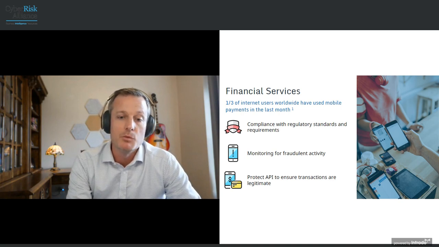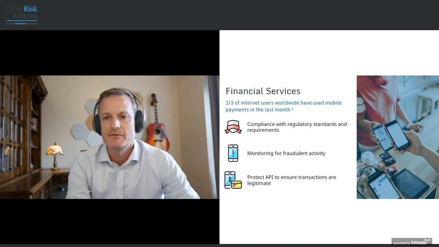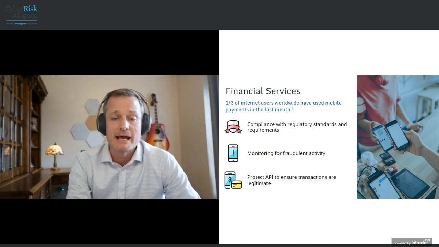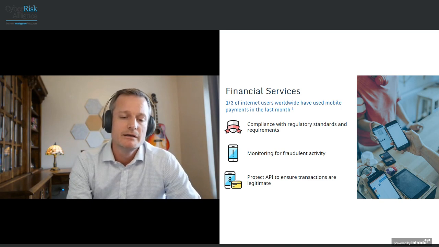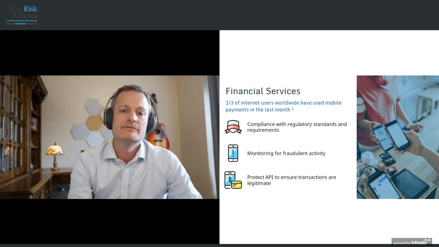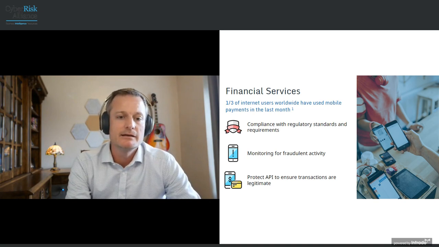Well, you've got mobile banking apps, you've got insurance apps, maybe those are the obvious ones. But then you've got payment apps, things like Venmo and such. Those are direct payment apps. But then even underneath that, there's a whole layer of SDKs that exist in mobile to implement different aspects of payment services.